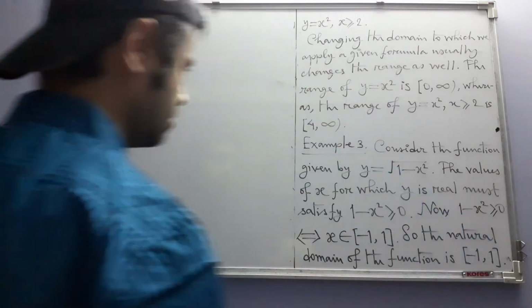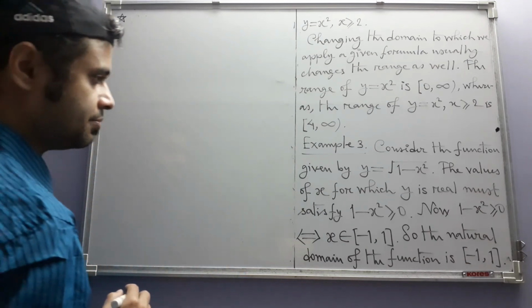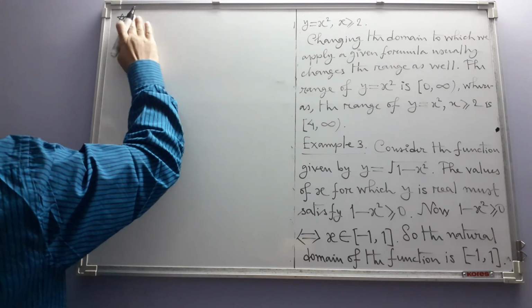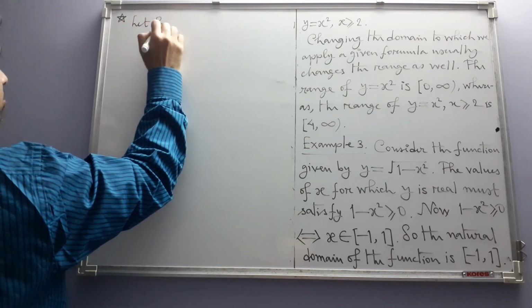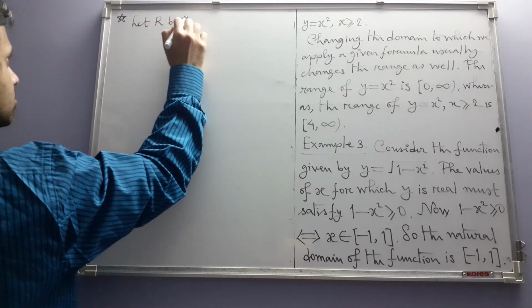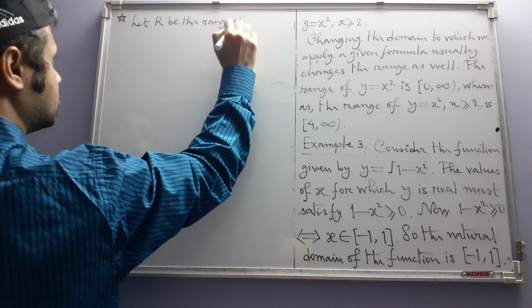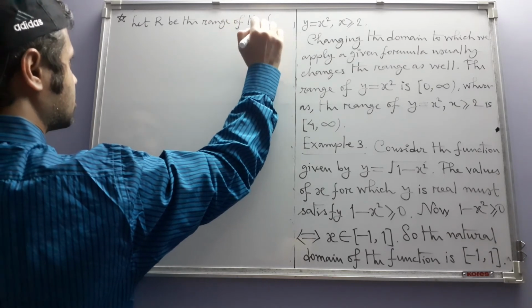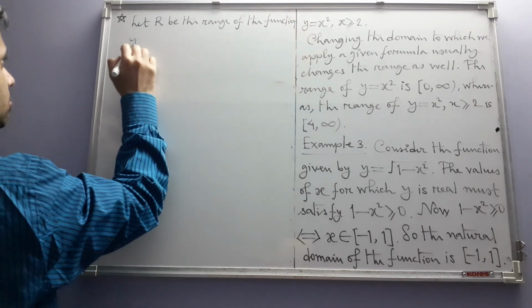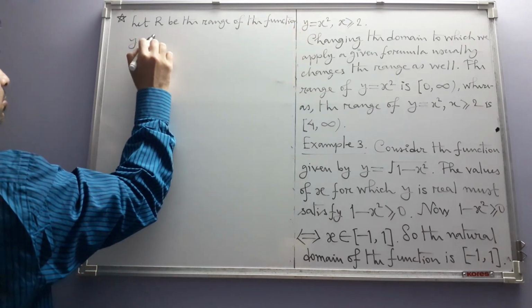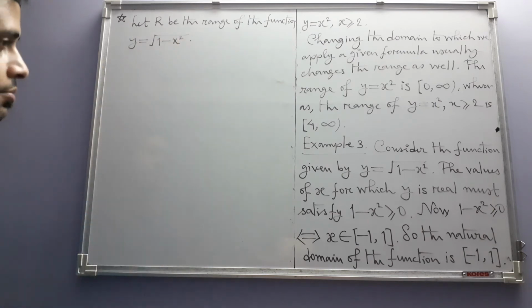Now what about the range of this function? Let R be the range of the function square root of 1 minus x square.